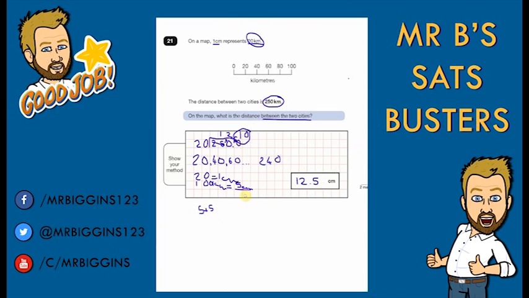And then if we need 50, we need to half 5, which is 2.5. Because we know that 50 kilometers is going to be 2.5 centimeters, because 50 is half of 100, 2.5 is half of 5, add them together, we'd get 12.5.